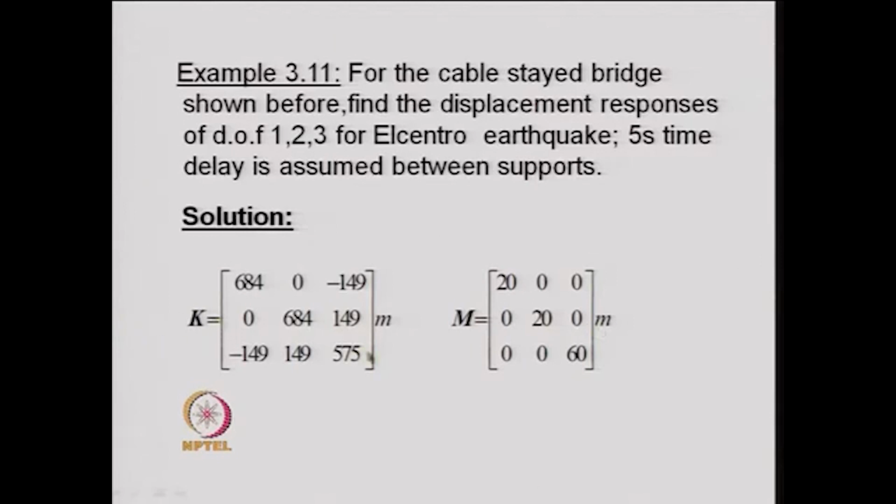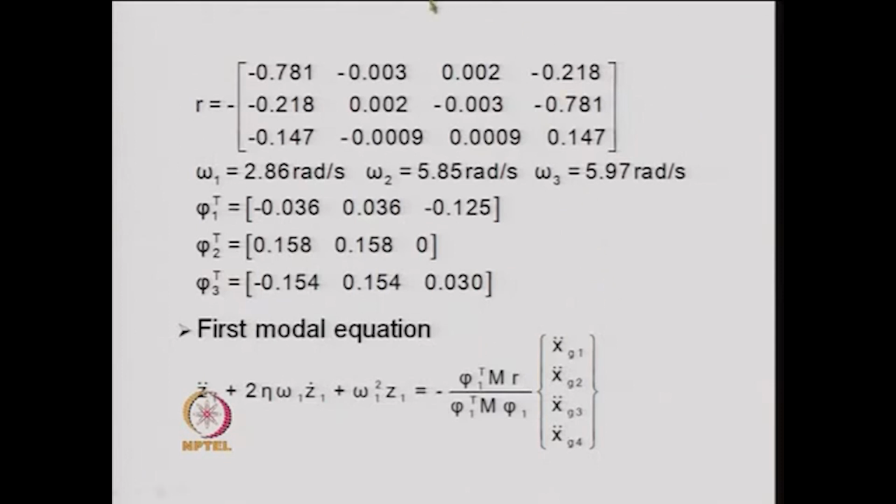The mass matrix was a diagonal mass matrix because we lumped the masses at the 3 degrees of freedom, and then this was the R matrix that I had shown you before, and then omega 1, omega 2, omega 3, 3 frequencies were obtained. The phi 1, phi 2, phi 3, that is the 3 mode shapes, were like this, and then we have the first modal equation that we can write in this particular form.